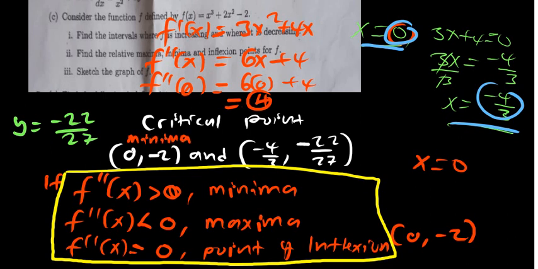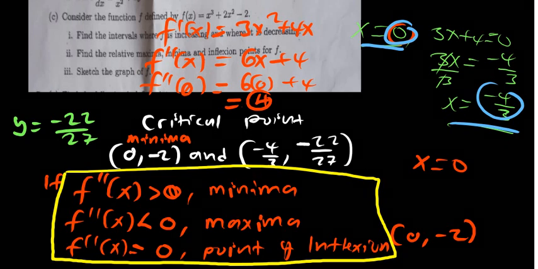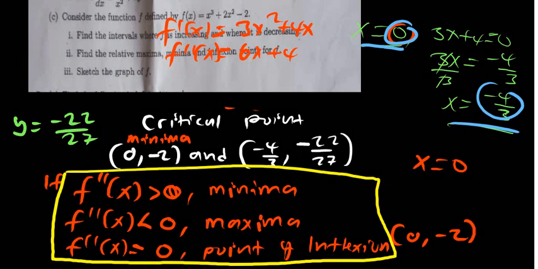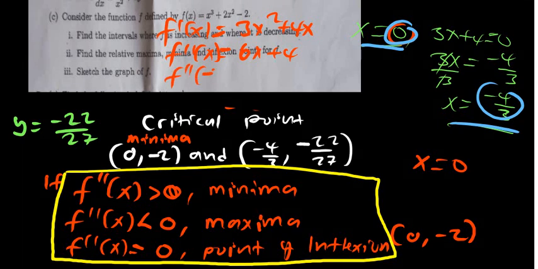Okay? Next, I need to plug in negative 4 over 3. I'll go here and plug in the values. We said our second derivative was equal to 6x plus 4. If I plug in negative 4 over 3, it's going to be 6 times negative 4 over 3 plus 4.